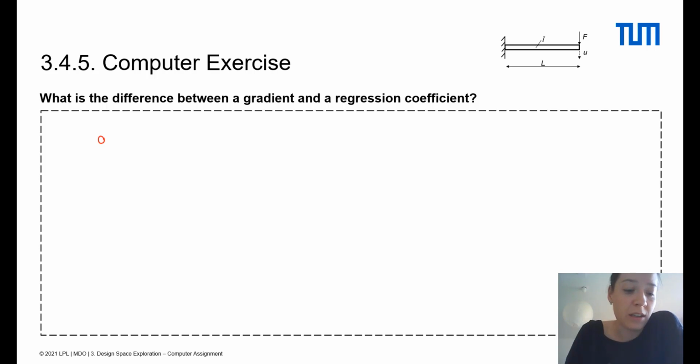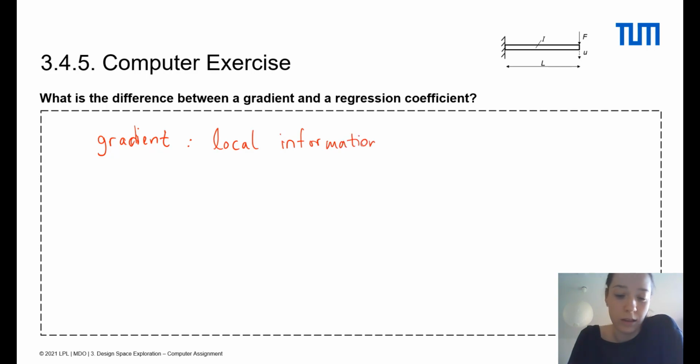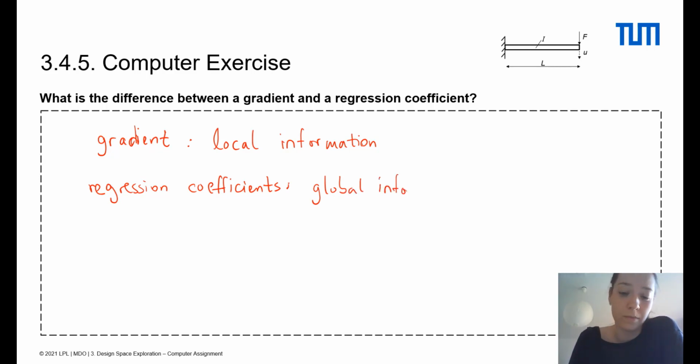We know by now that a gradient provides us with local information, and the regression coefficients provide us with global information.